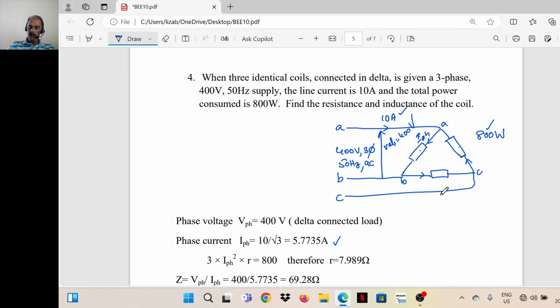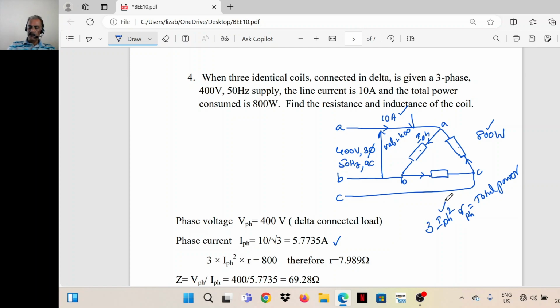Now the total power, as I told you, 3 I phase square R is equal to total power. I phase square into R plus I phase square into R plus I phase square into R. That is 3 I phase square R phase is equal to total power.